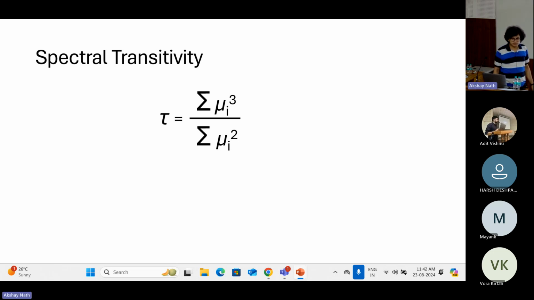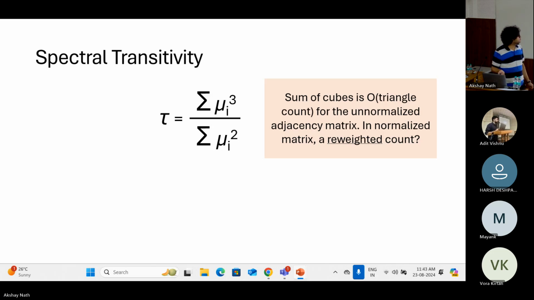Yes, pretty much. But it's normalized. You're right that it could be just the number of triangles over the number of edges, but it's not exactly that. Because it's the normalized adjacency matrix, it's kind of like a weighted ratio.